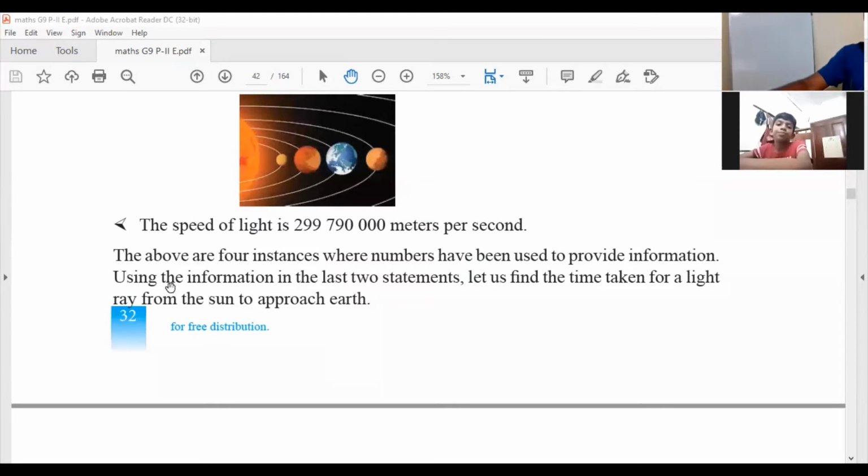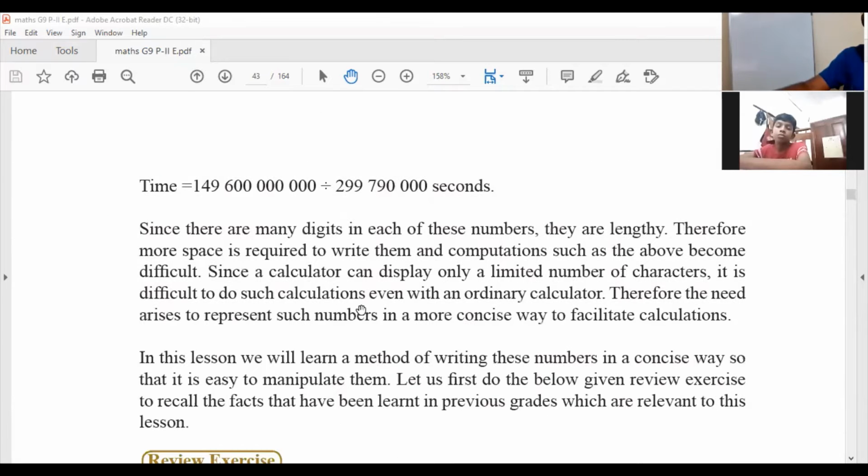The above are 4 instances where numbers have been used to provide information. Using the information in the last 2 statements, let us find the time taken for a light ray from the sun to approach the earth.